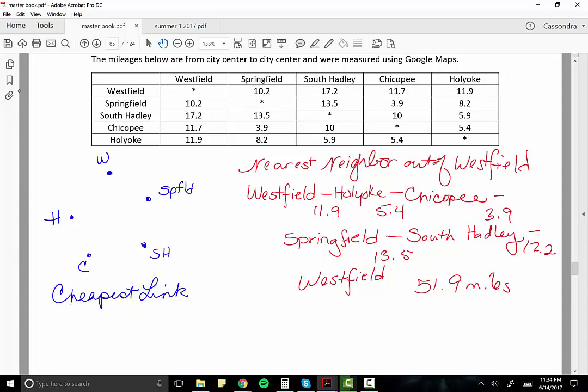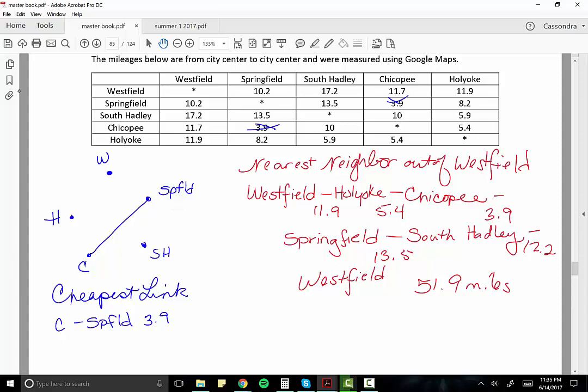Okay. So I look at this whole matrix and I grab the smallest number, which is 3.9, Chicopee to Springfield. So I went Chicopee to Springfield for 3.9. I'm going to cross this out so I don't pick it again.